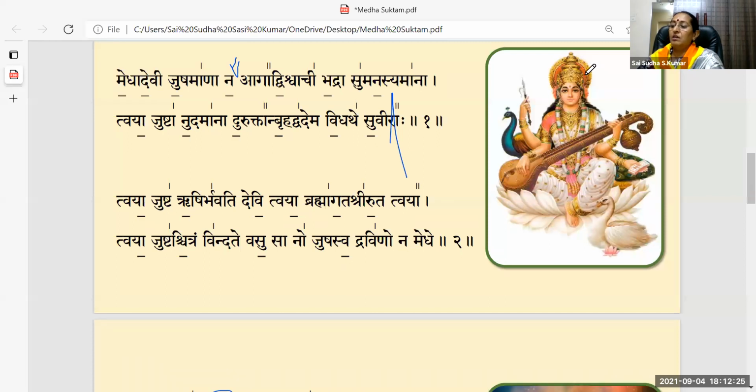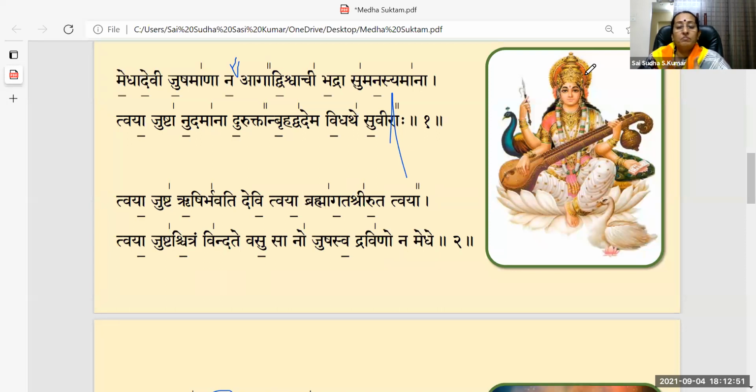Then Tvaya Jushta Rishir Bhavati means by Medha Devi's grace, anybody can become a rishi. One becomes a rishi, and with Medha Devi's grace, one can also become a Brahmagnani. Brahmagnani is the one who has knowledge about the Brahman.